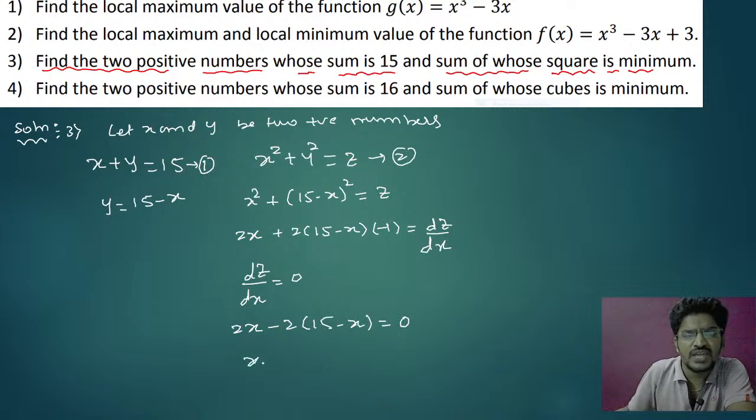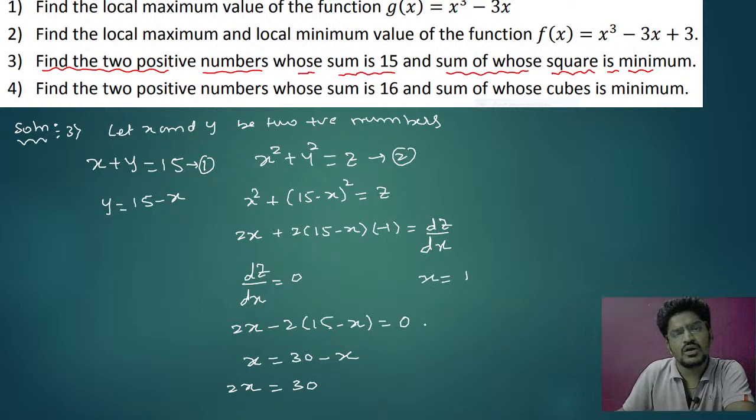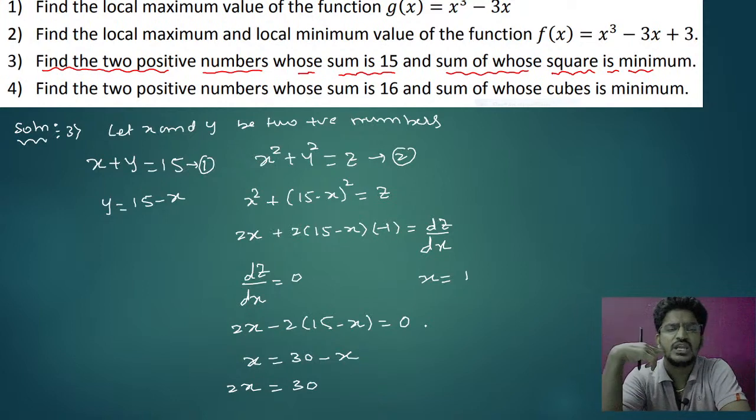If you simplify this, x will be equal to 30 minus x. So 2x is equal to 30 and x is going to be equal to 15.